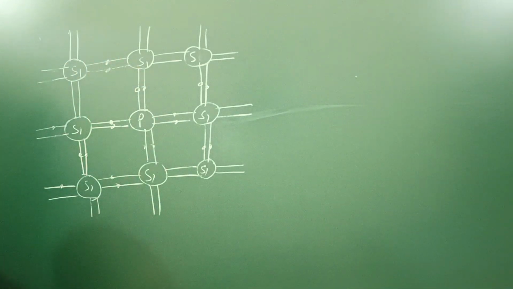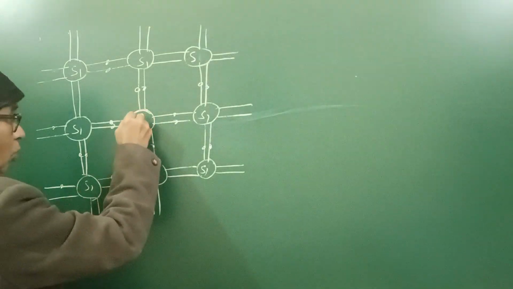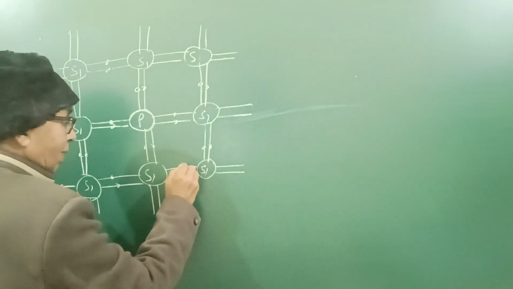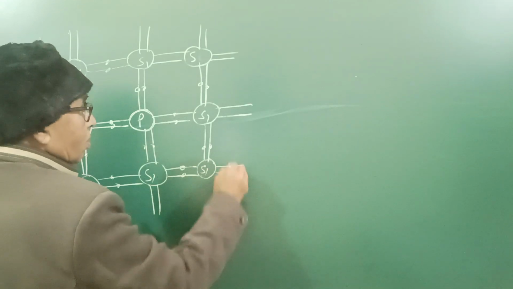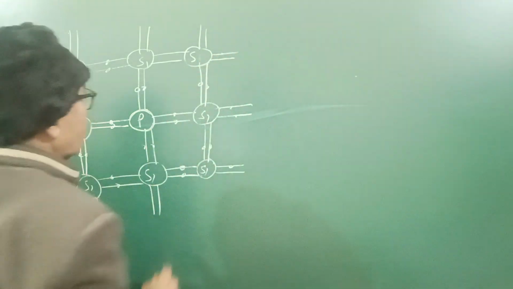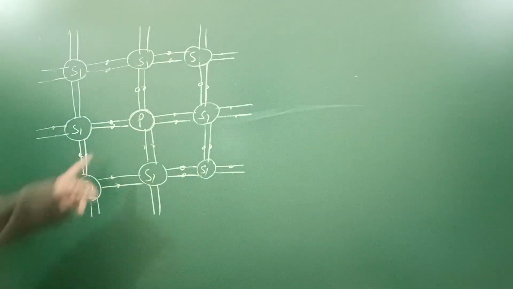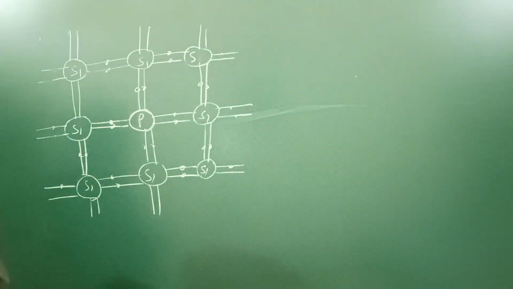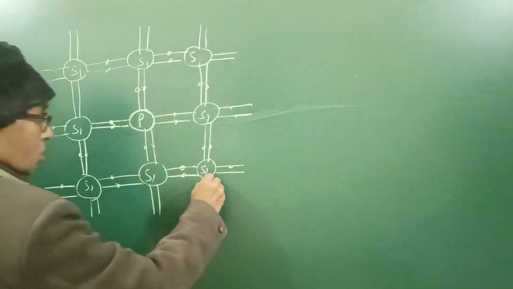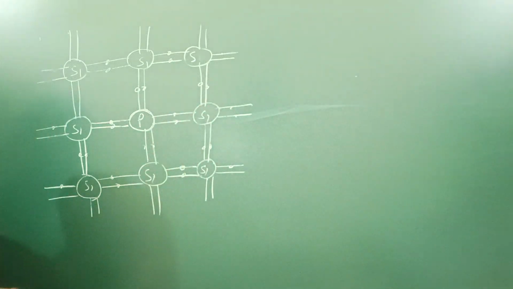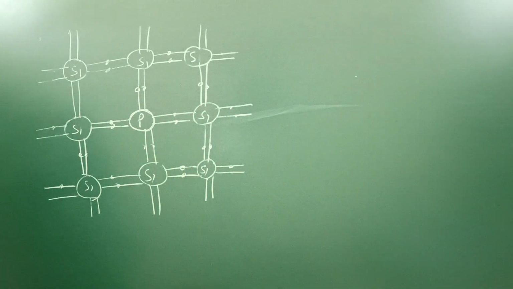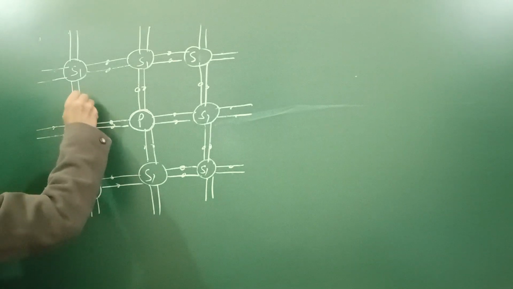Now what will happen to the 5th electron of this pentavalent phosphorus atom? 4 valence electrons combine with neighboring silicon atoms, 1 remains unshared.